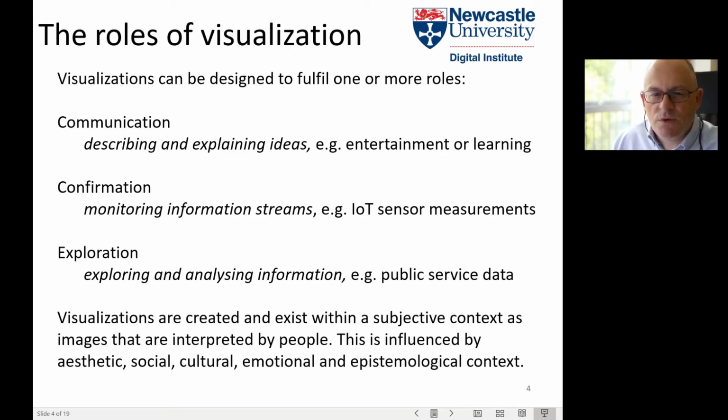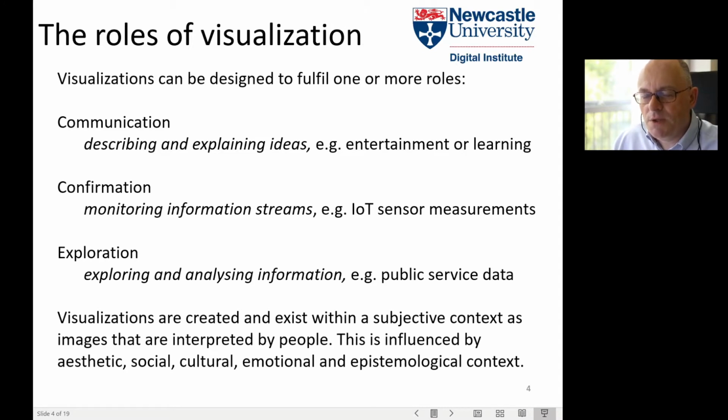As well as these roles, it's important to remember that visualizations are created and exist inside a subjective context, and the images that are created by and for and interpreted and understood by people. And this process is influenced by many factors, which includes the aesthetic, the social, cultural, emotional and epistemological context, the belief systems of the people seeing the pictures.